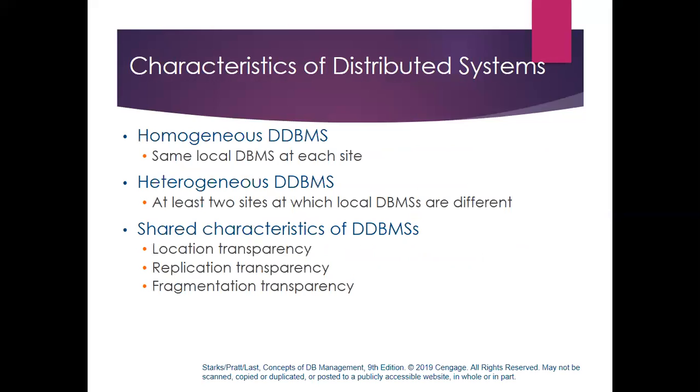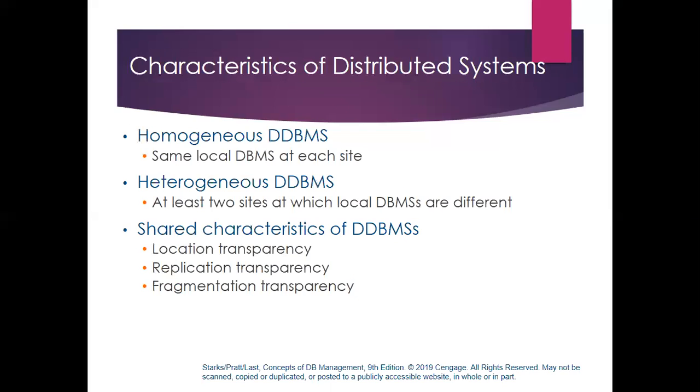Characteristics of distributed systems. A distributed database management system is either homogeneous or heterogeneous. A homogeneous distributed database management system is one that has the same local database management system at each site.